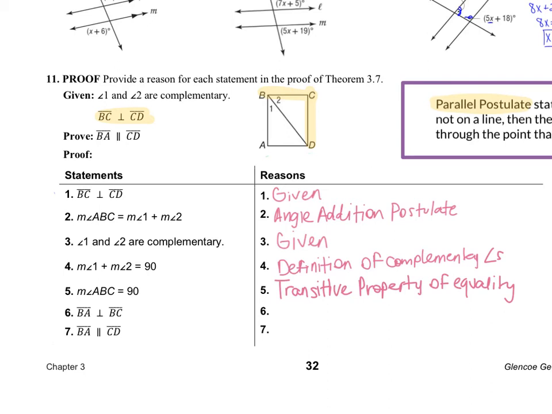Number 6, line BA is perpendicular to BC. Perpendicular is going to be important, so I want to highlight this one as well. BA is perpendicular to BC.